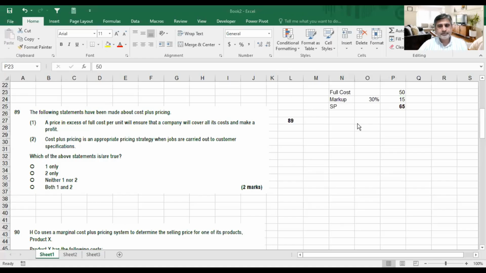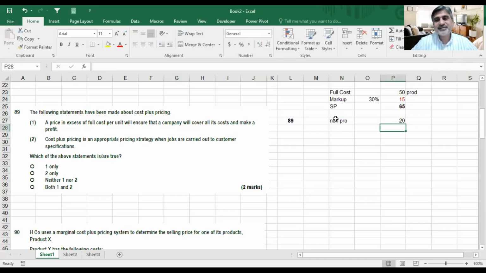So true, I guess. Why do you think it is true? It is false, because actually what we have added inside of full cost is only production cost. You might have non-production cost. How much markup have you added? $15. Maybe you have non-production costs which are $20.